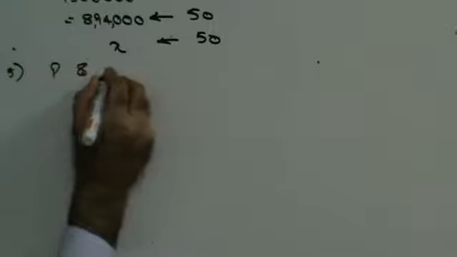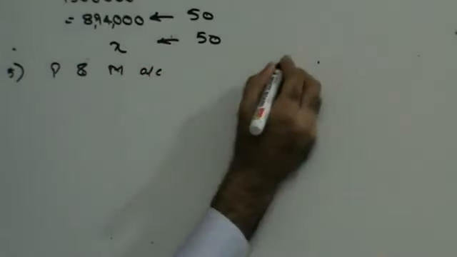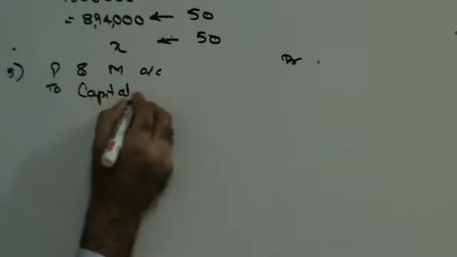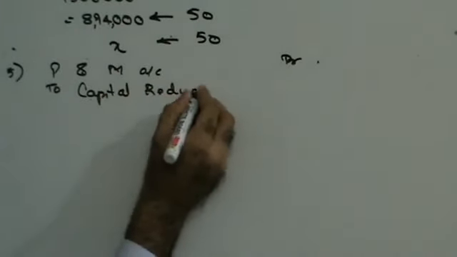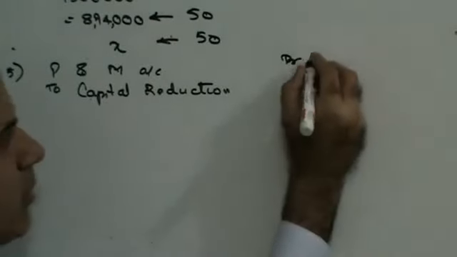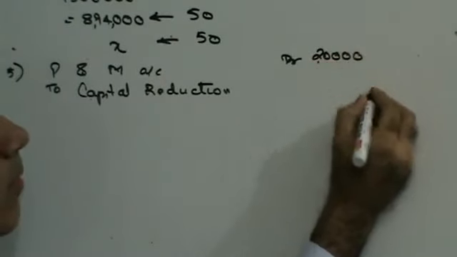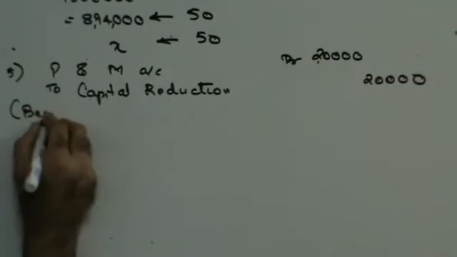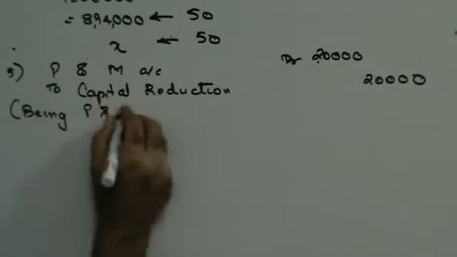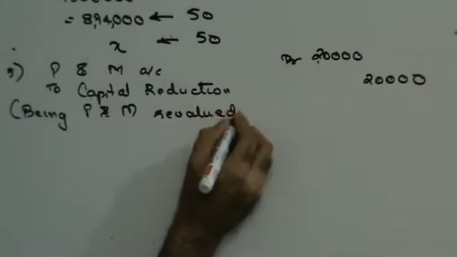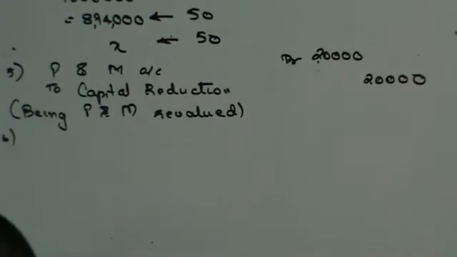So this will be plant and machinery account debit to capital reduction, 90,000 minus 70,000, 20,000, being plant and machinery revalued. Right? Next, let's move on ahead.